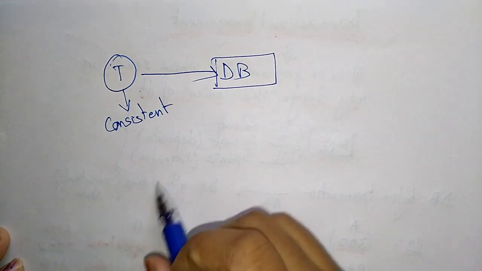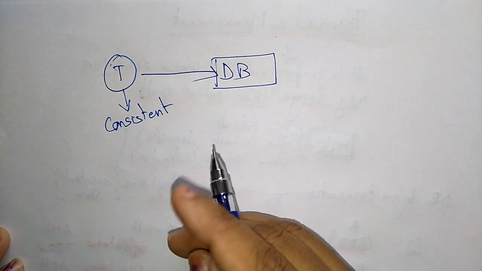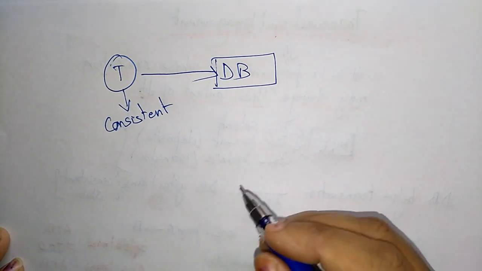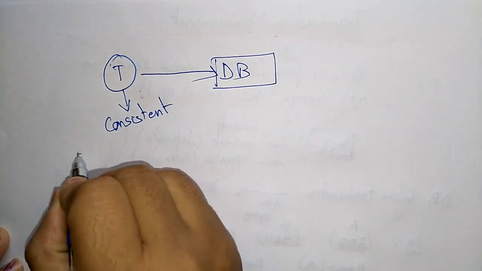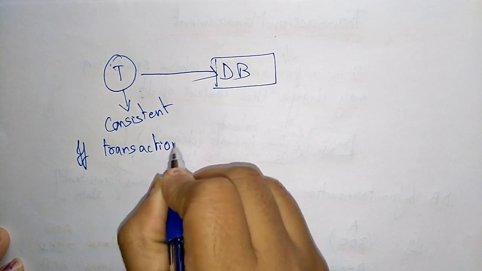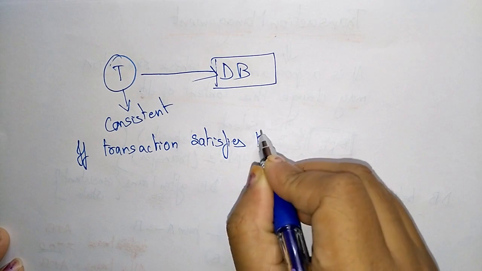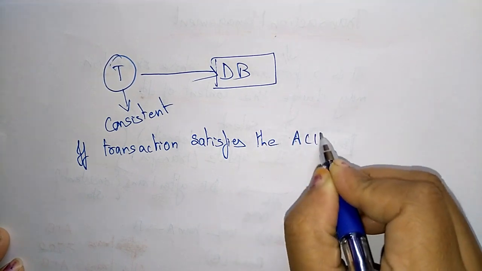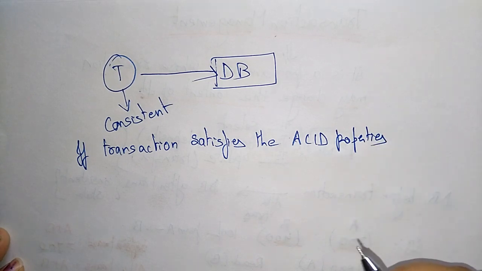To make the transaction consistent, we use some properties, which you call the ACID properties. If a transaction satisfies the ACID properties, then you can say your transaction is maintaining database consistency.